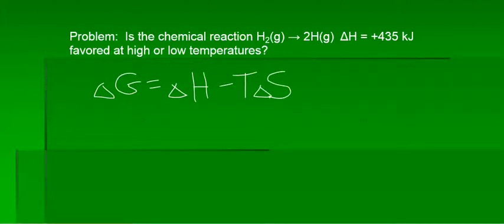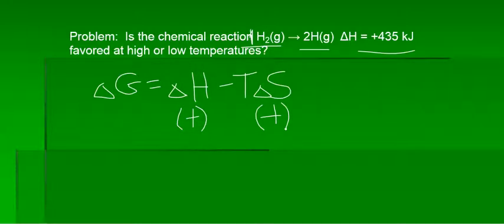So let's look at this problem. Is this reaction favored at high or low temperatures? Well, delta H is positive. It tells me in the problem. Delta S is entropy change. I'm going from 1 mole of H2 to 2 moles of hydrogen. And so the entropy is positive. It's becoming more disordered.